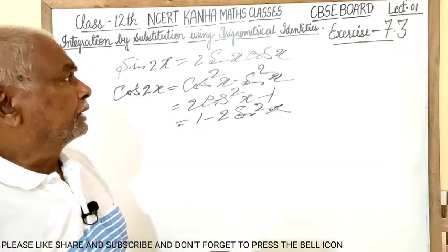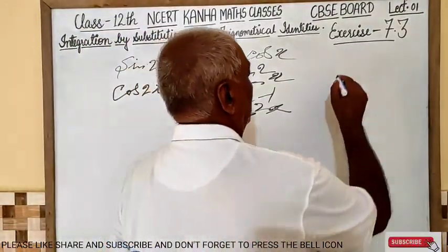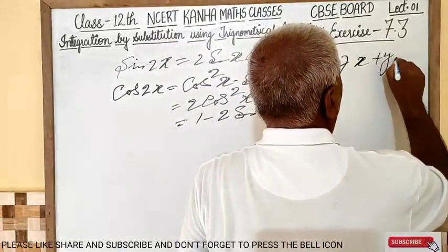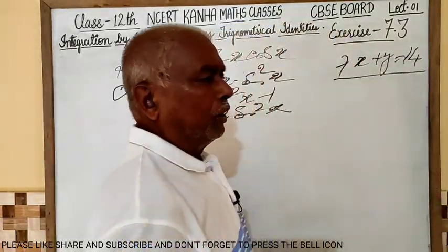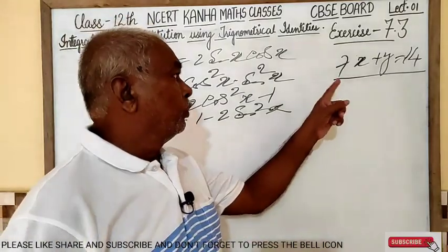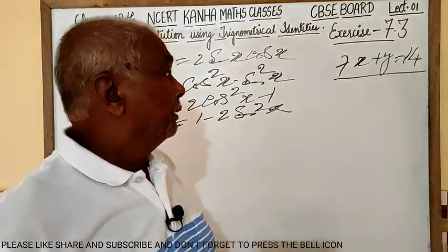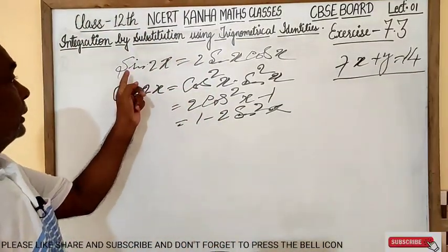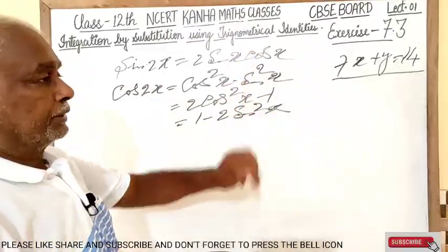I have already stated you that if an equation in one variable or two variable, 7x plus y is equal to suppose 14, this equation will hold good for a definite value of x and definite value of y. But what about the identities? This identity will hold good for each and every value of x.